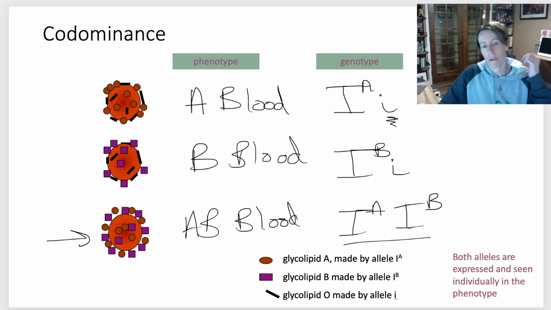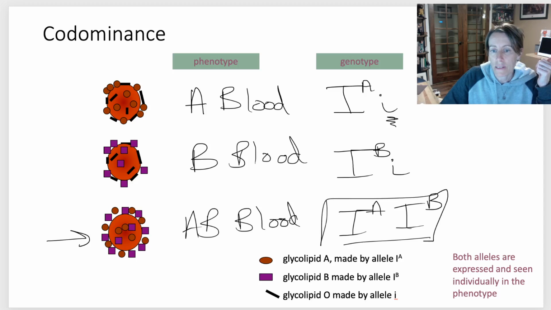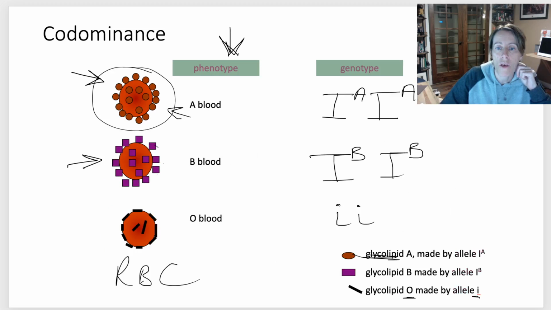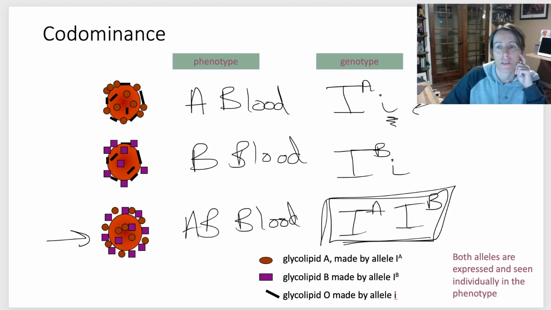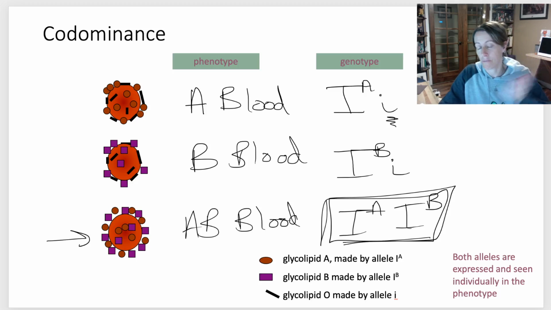So if someone is type AB, they've got to be this. If someone is type O, they've got to be this. But if someone is type A or type B, we can't tell between this one, this one, this one, or this one. It could be any of those because the phenotype doesn't reveal the exact genotype.